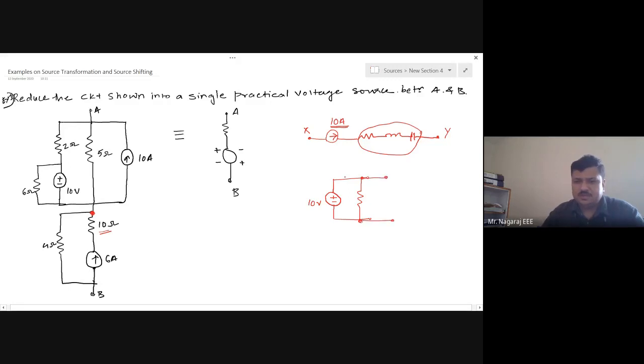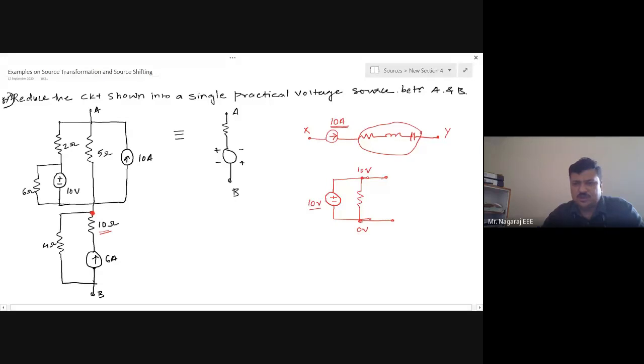Why? Because the voltage value here is 10 volts, and here it is 0 volts. Negative indicates 0, positive indicates the source value. This is how the batteries have been read so far. Positive, higher potential point means the source value, lower potential point means 0 volts. This we know already. So this is 10 volts and 0 volts.